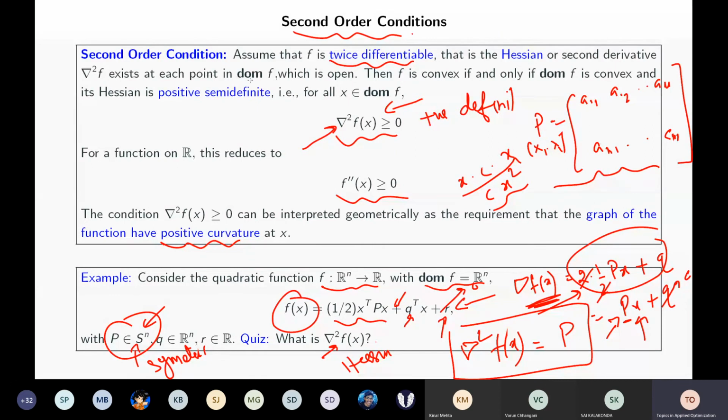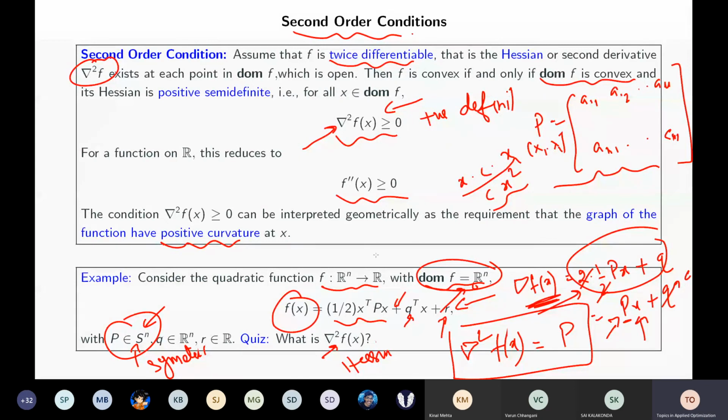The second step is that the domain of f is convex. In this case, the domain of f is the whole of Rn, and we know that it's convex. So the two basic criteria are satisfied. And the double derivative of f exists. We have seen that it exists, defined over all x. It's not getting violated in any way.